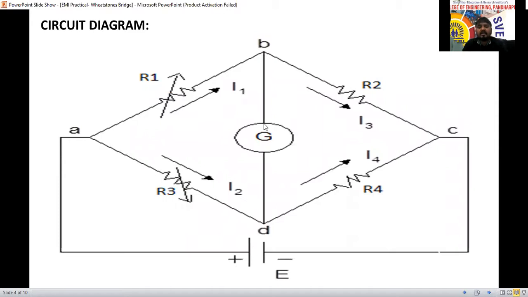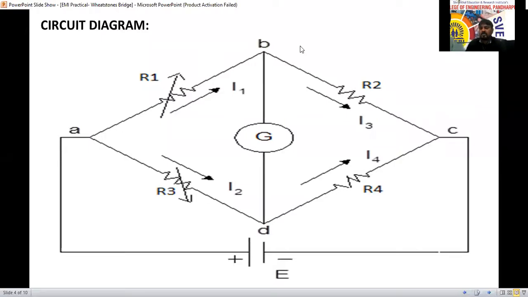This is the circuit diagram. See here, R1, R2, R3 and R4 resistances, four resistances connected in the form of a bridge circuit. I think you have studied the galvanometer circuit in physics. Four resistances are connected in the form of a bridge, and between two terminals, one galvanometer is connected, which is a very sensitive element.